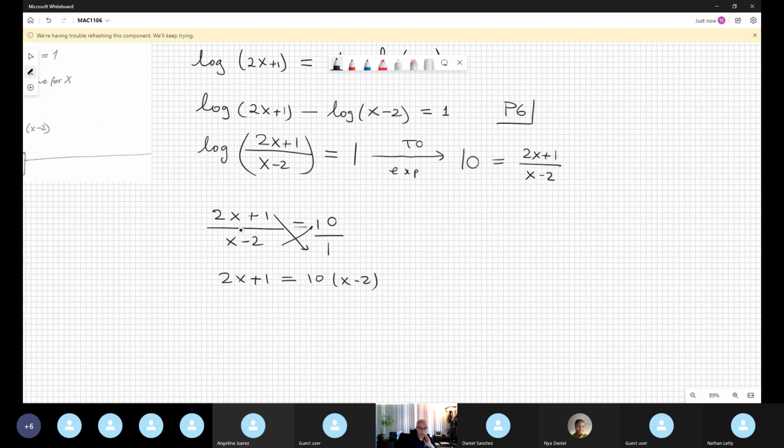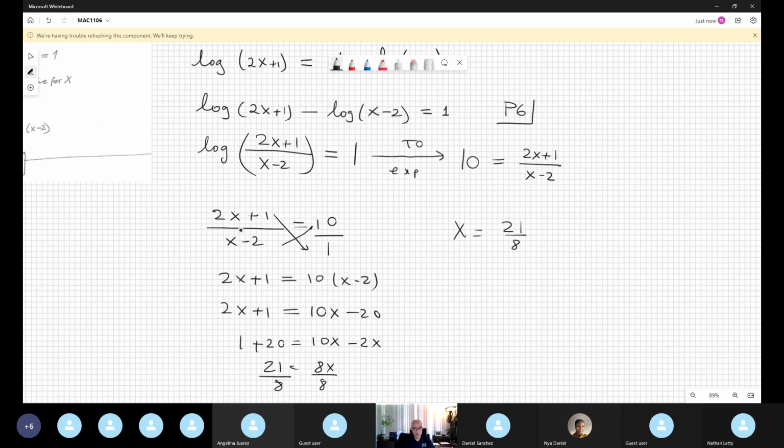Okay, cool. So now distributing. 2x plus 1 equal 10x minus 20. Okay, let me try to do my best. Therefore, 1 stays here plus 20. I move 20 to the left. 10x stays in the right hand side minus 2x. This is 21 and this is 8x. Divide by 8 both sides. Solution is x equal 21 over 8.